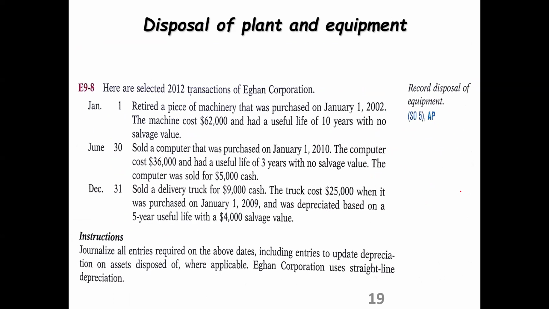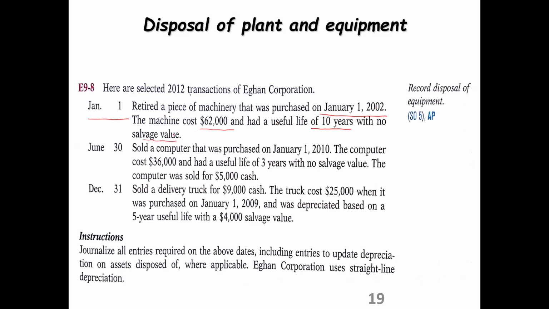It says that the essential transaction occurred in 2012. On January 1, 2012, this company retired a piece of machinery which was purchased on January 1, 2002. The cost of machinery was 62,000, and the life is 10 years with no residual value.